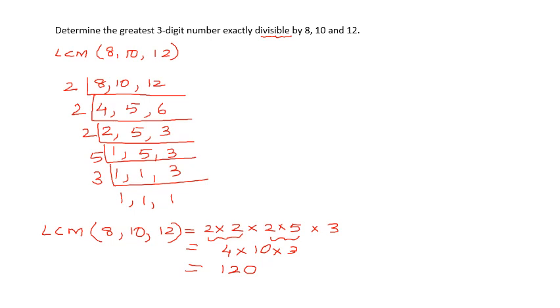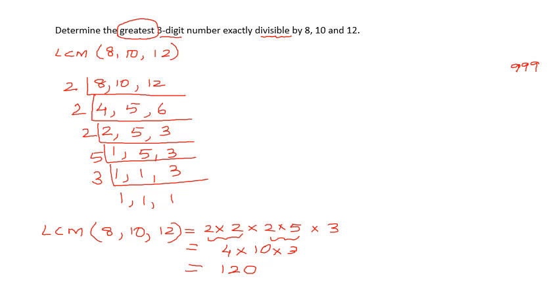So children, once we get the LCM as 120, is it enough? Yes, they have asked about 3 digits, so we got the 3-digit number. But is it the greatest? No, it is not the greatest 3-digit number. We know the greatest 3-digit number is 999. Isn't it?